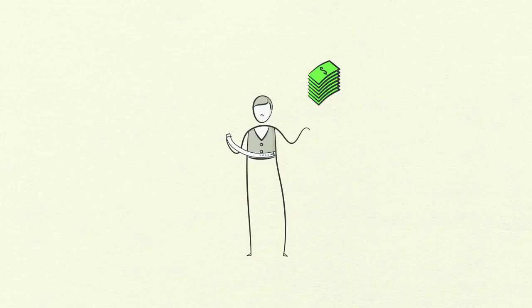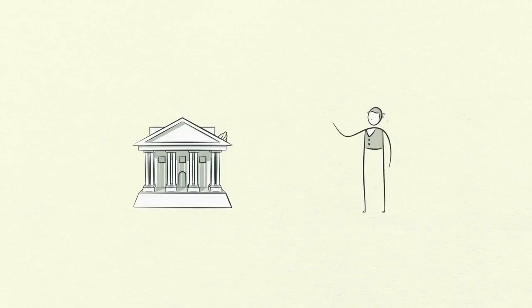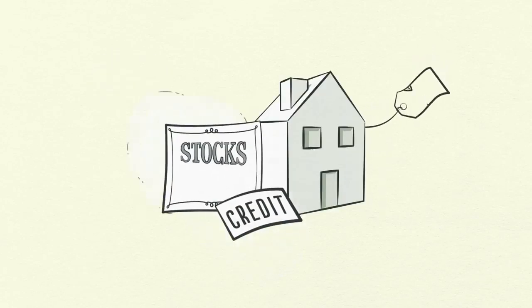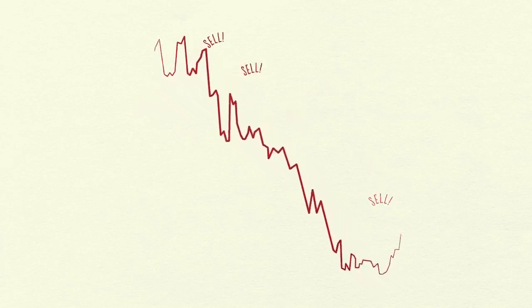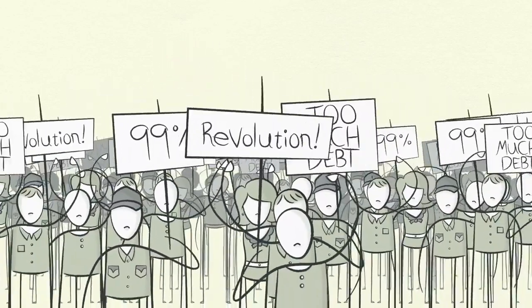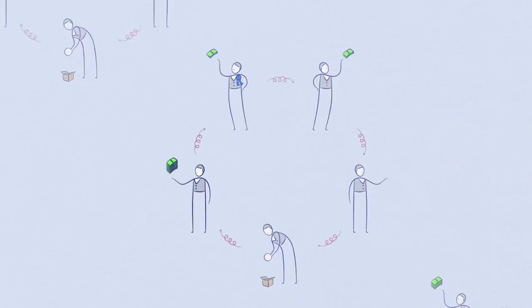In a deleveraging, people cut spending, incomes fall, credit disappears, asset prices drop, banks get squeezed, the stock market crashes, social tensions rise, and the whole thing starts to feed on itself the other way. As incomes fall and debt repayments rise, borrowers get squeezed.